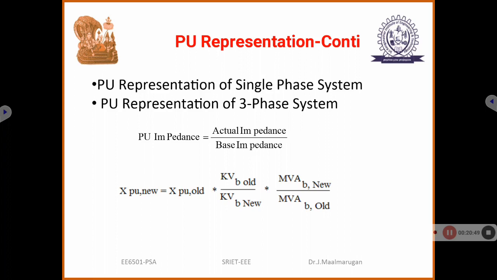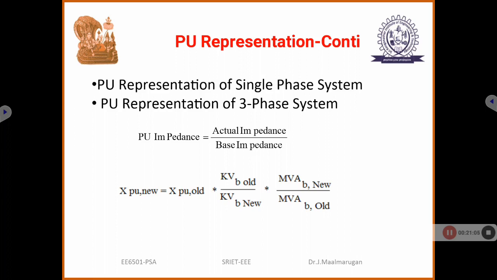How do we calculate the new value of reactance? What is reactance, and what is impedance? You should know this already from your prerequisite knowledge, transmission and distribution, for power system analysis.